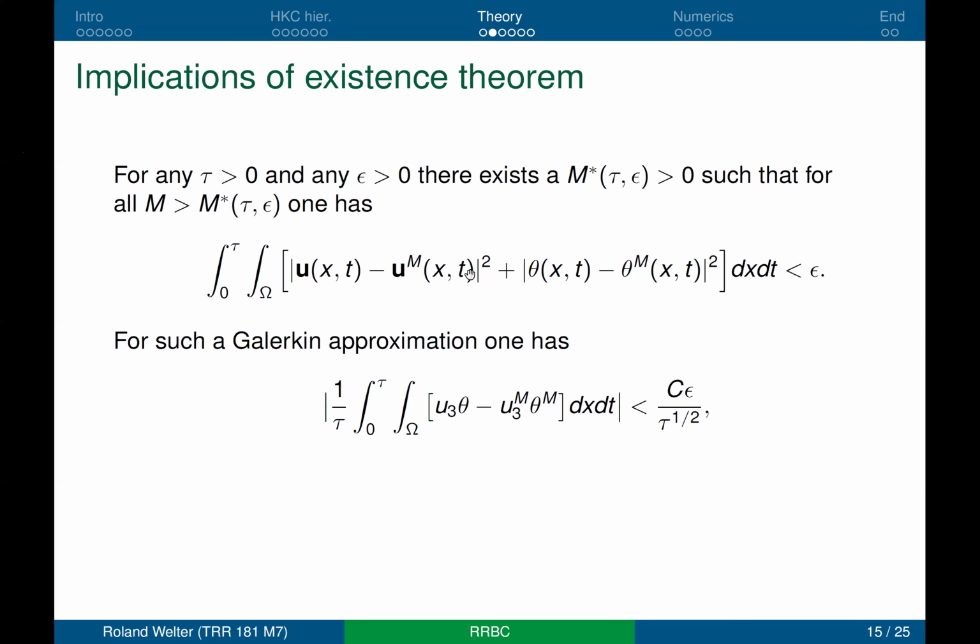So the L2 norm integrated over time of the true solution minus the ODE approximate solution is less than epsilon.